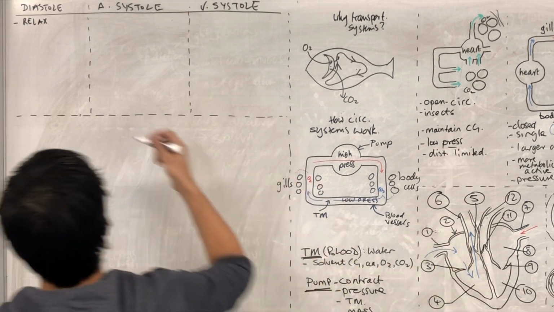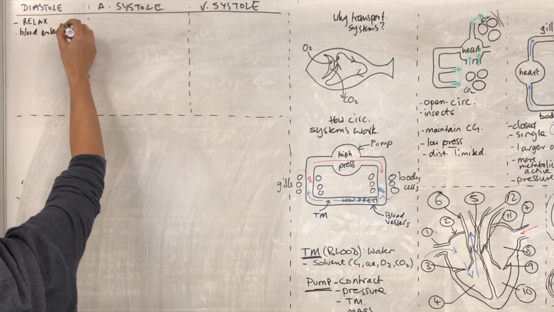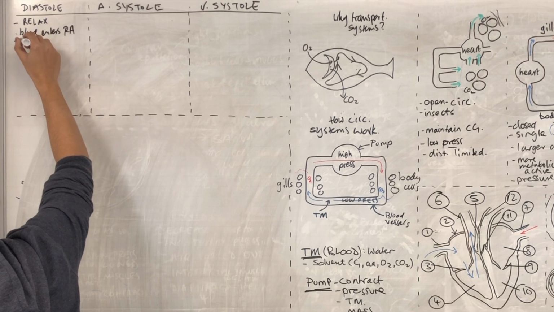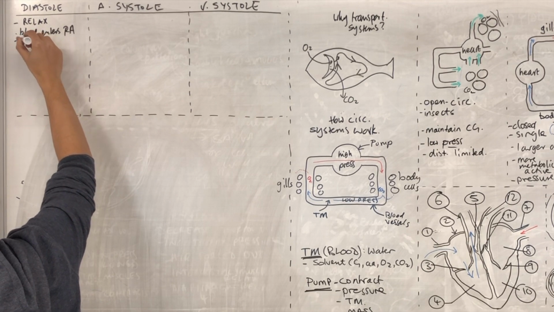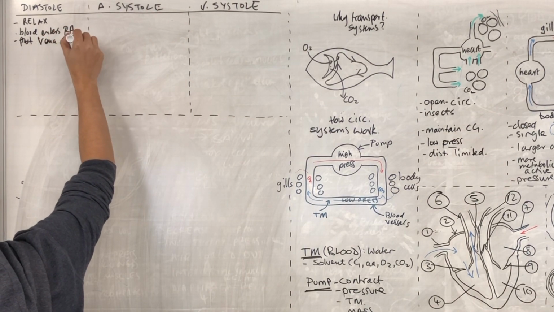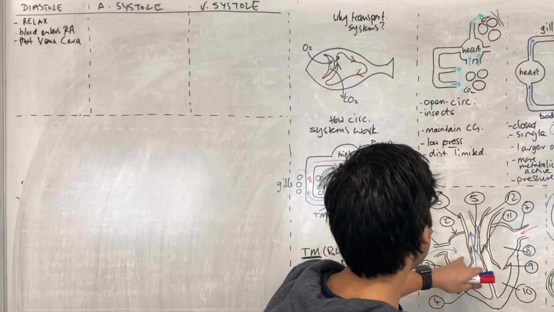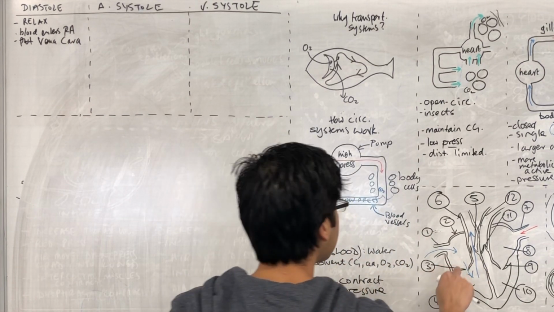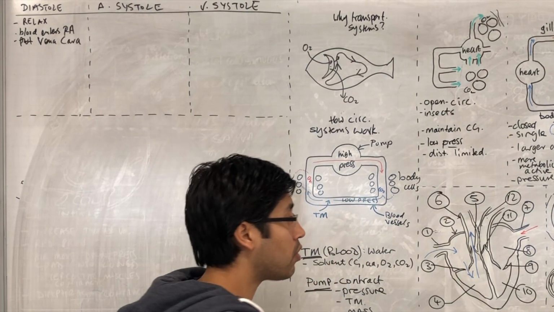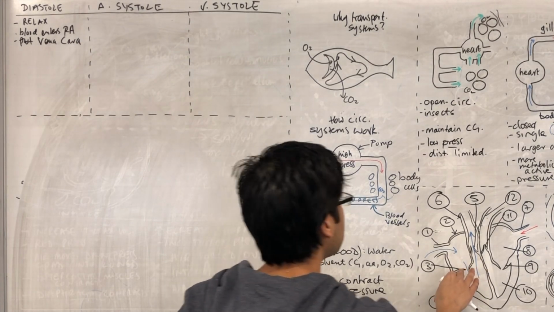So blood enters the atrium. Blood enters the right atrium through the vena cava. Okay, so there it comes in. The valves are also open at this time, so the ventricles are also not contracted, they are relaxed, and so these valves are open.